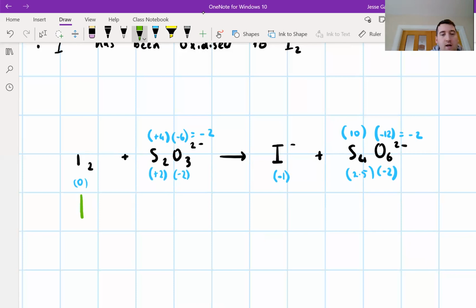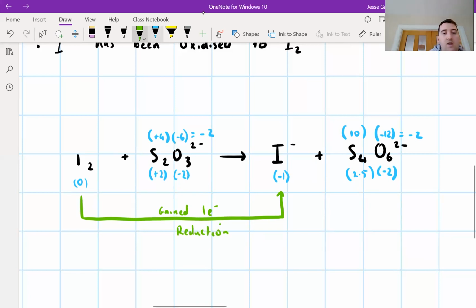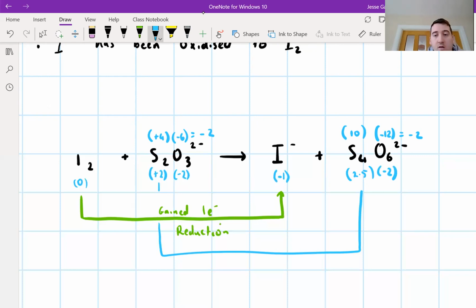Okay, so here I see iodine is going from 0 to -1. That means that it has gained 1 electron, and that is reduction. The other thing that's happening is the sulfur is going from +2 to +2.5.